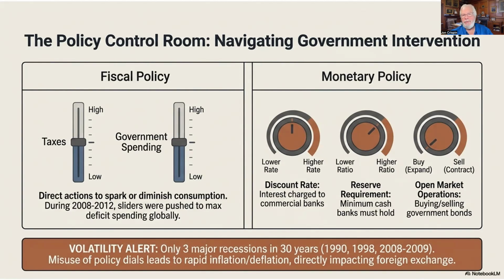And the most significant and most recent one was 2008, 2009, and it created tremendous uncertainty in the economy of the United States and the world. So government's role is to control money policy through taxes and government spending to make sure that they do not get out of kilter and cause panics or recessions.